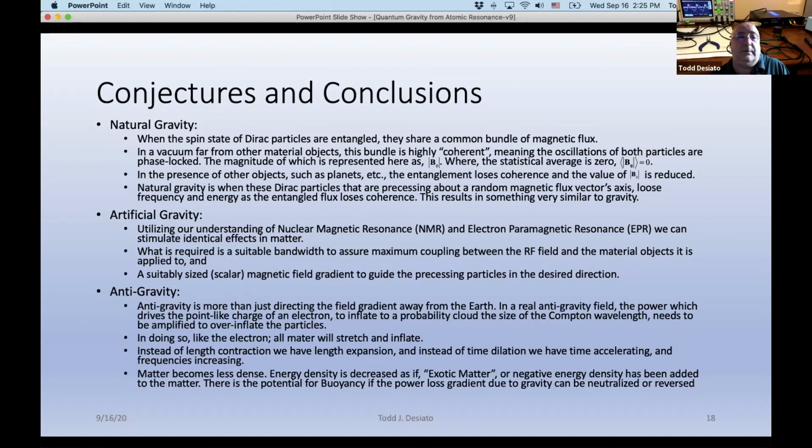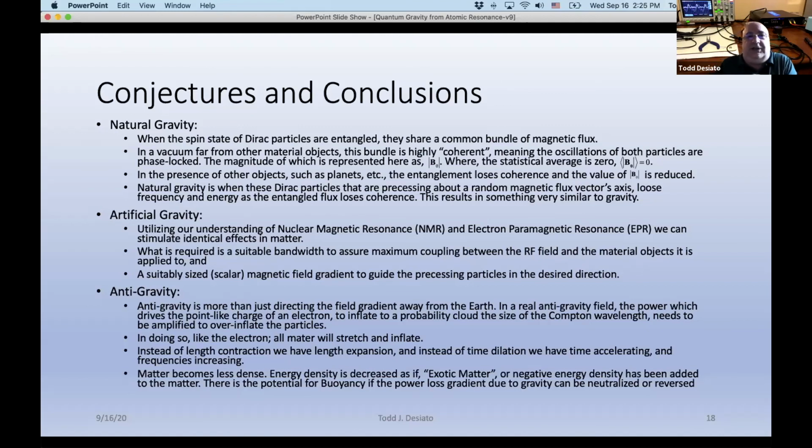So for artificial gravity, utilizing our understanding of nuclear magnetic resonance and electron paramagnetic resonance, we can stimulate identical effects in matter. What is required is a suitable bandwidth to assure maximum coupling between the RF field and the material object it is applied to, and a suitably sized scalar magnetic field gradient to guide the precessing particles in the desired direction.